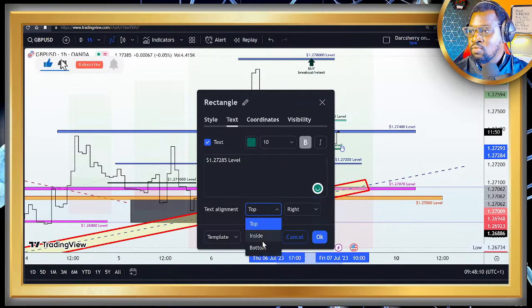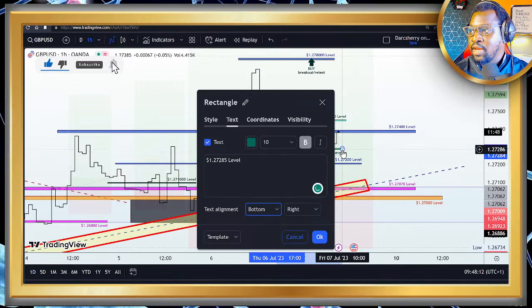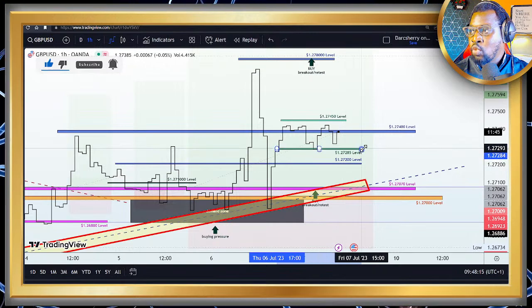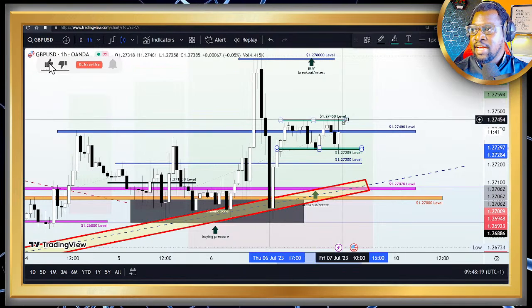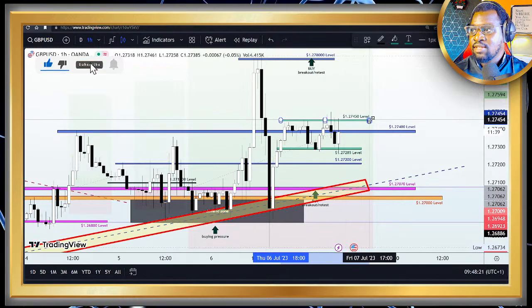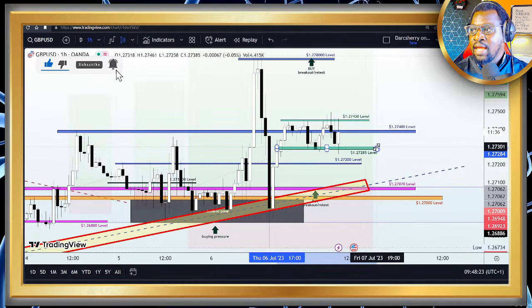So place at the bottom right hand side of the screen. So here we go. Now we have a range forming at this point in time. So let me extend this out a little bit. So we have a new range going on here.